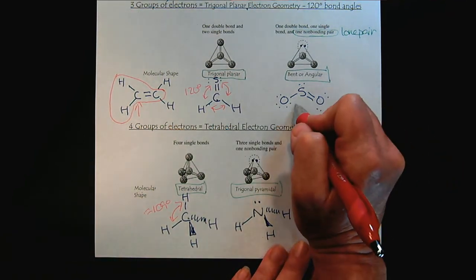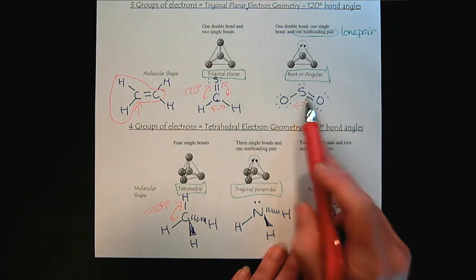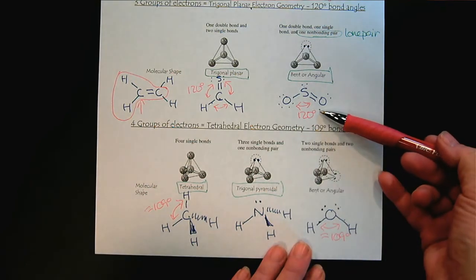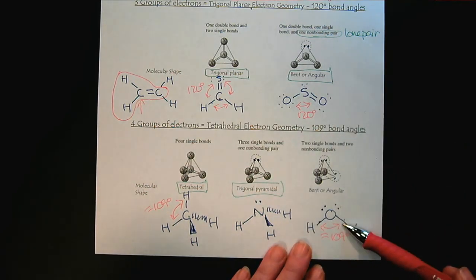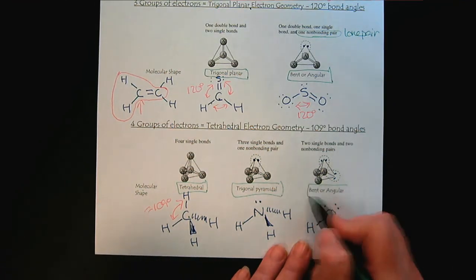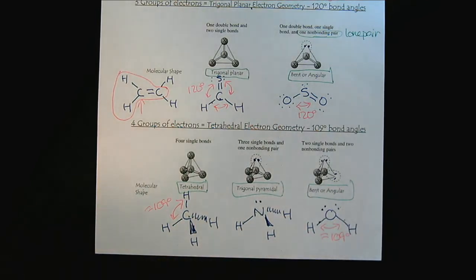Versus our example up here, which had the trigonal planar geometry, so this bent molecule has a different bond angle than this bent molecule because of the differences in the electron geometry. So here we're back to the names of bent or angular. So now that we've described it for you in pictures, let's take a look at the models.